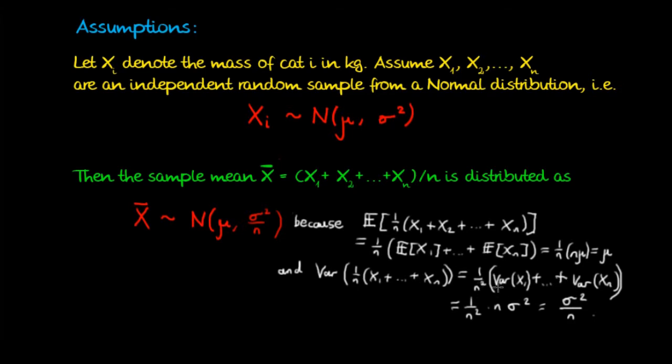So inside this bracket we've got the variance of x1 plus the variance of x2 and so on, plus the variance of xn. Those variances are all sigma squared, each of them, and we've got n of them. So this bracket becomes n times sigma squared. We've got the 1 over n squared outside, and if we simplify that, we get sigma squared over n. So that's why the variance of the sample mean is sigma squared over n.